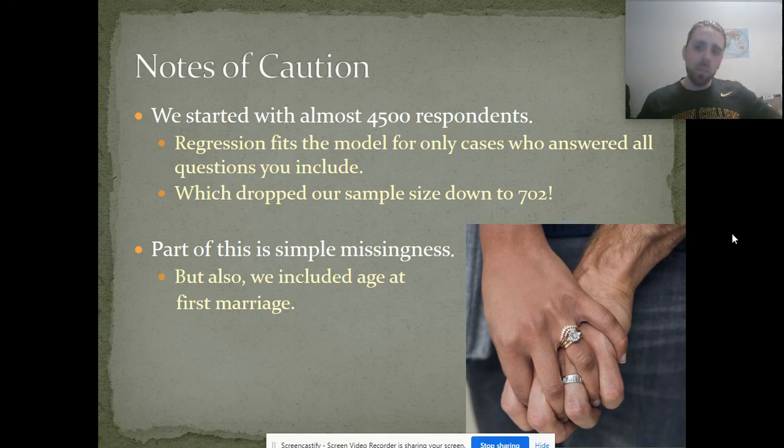So really, when we're interpreting, I'm not going to ask you to do that, but the unsaid assumption here is that our model only predicts number of children for those that have been married. There are other ways and better ways to get at this, but it involves using categorical controls, and that is where we're going with this. I did want you to see just the addition of one variable cut my sample size to shreds.